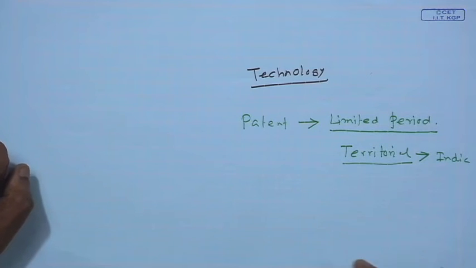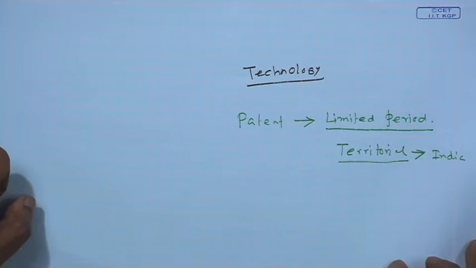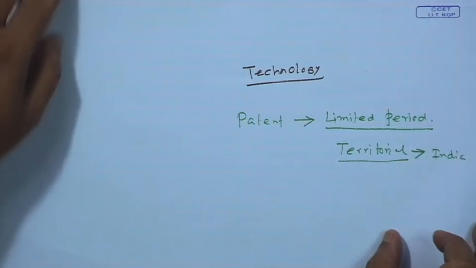If you have a Japanese patent, and the Japan government gives you the rights, then the right will be restricted to Japan. If you have an Indian patent, your territory is India. If you have a US patent, your territory is the US.